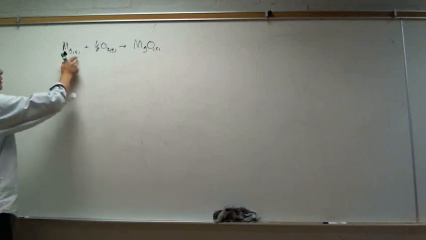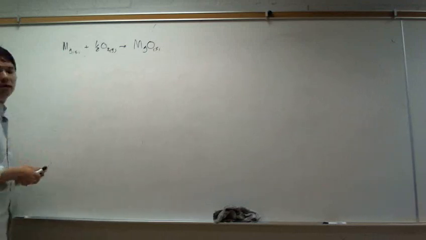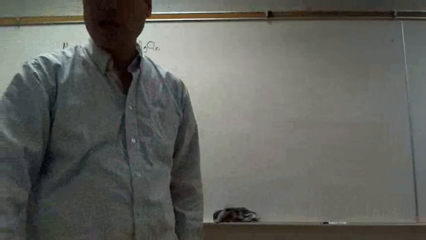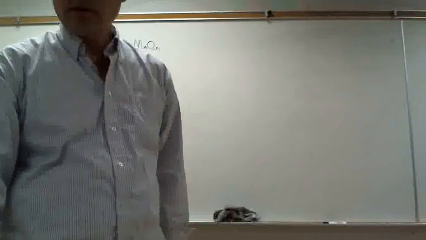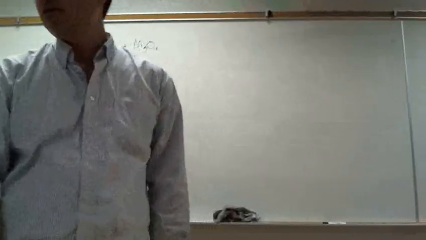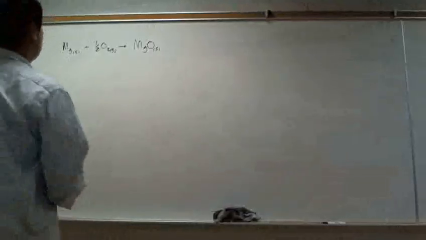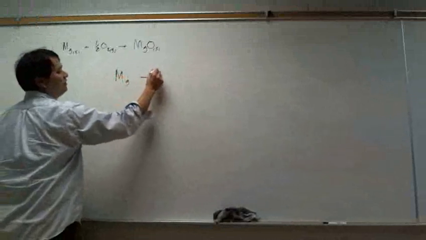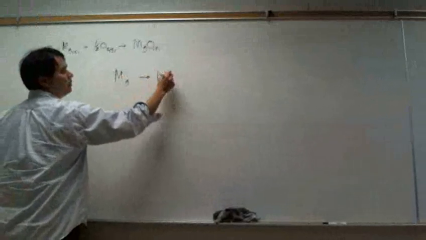Anyway, going back to this, here's how we use the numbers from chapter 9. In order to make magnesium oxide, what do we have to do to magnesium? We have to take magnesium and form magnesium 2+.